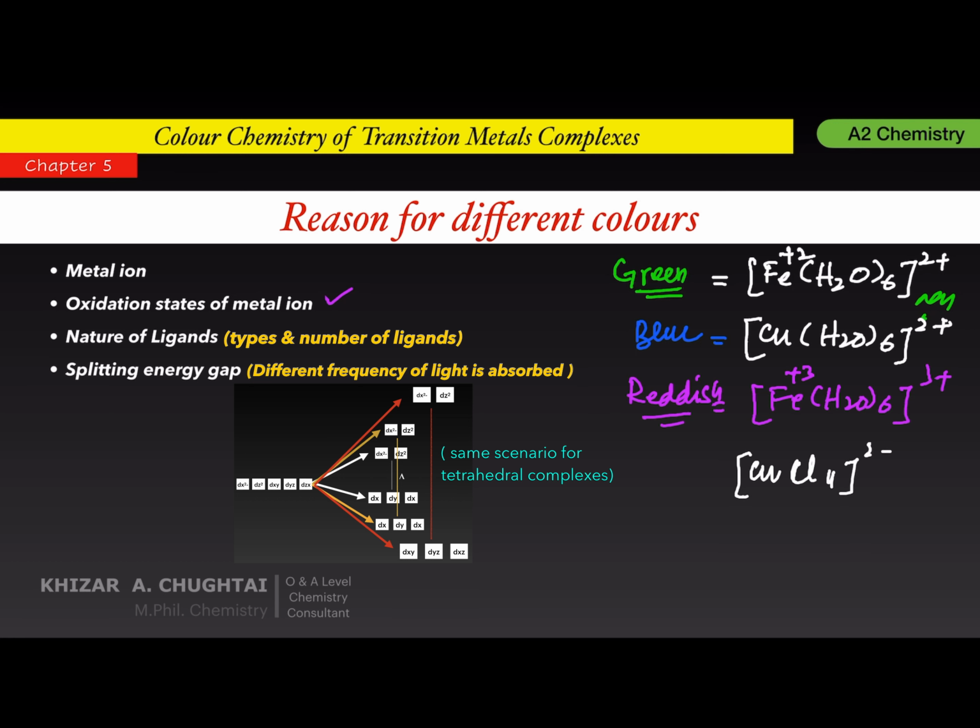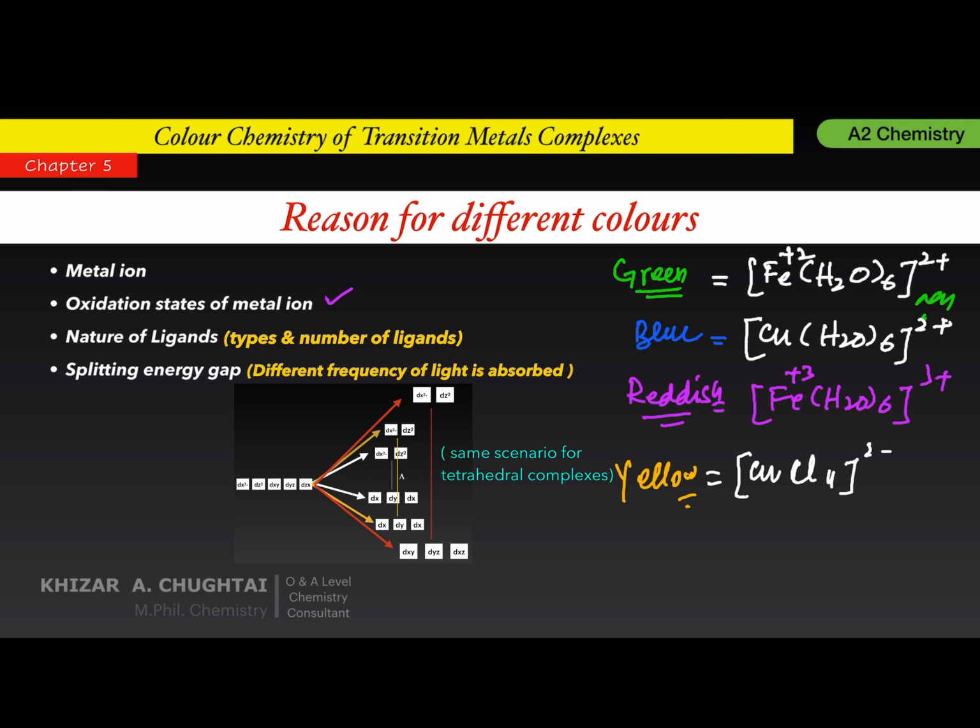This complex is basically yellow in color. Now, in this case, you can see that the nature of the ligand is changed. In comparison with the blue complex, the copper is the same, I mean the transition metal ion is the same, but the difference is with the H2O and Cl ligands.